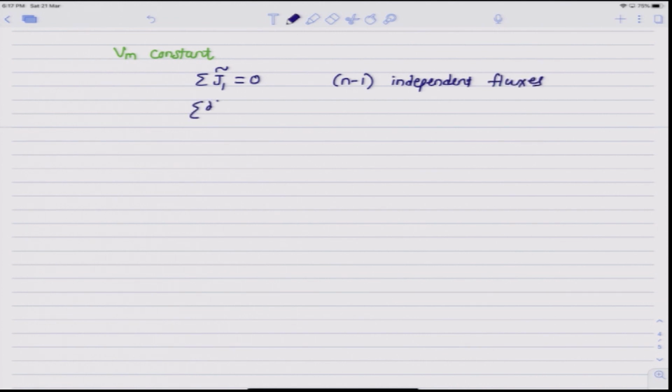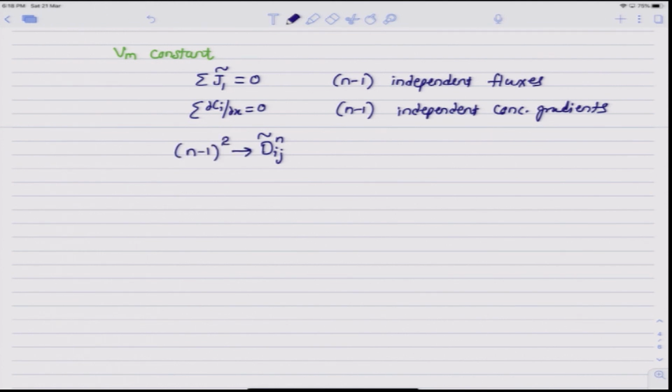Also the summation of concentration gradients is 0, so we have only n minus 1 independent concentration gradients, and so we define D_ij tilde n, and so we need (n minus 1) squared interdiffusion coefficients to define interdiffusion at a given composition.